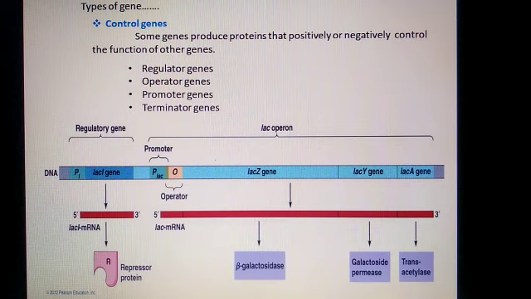They are actually the sequences of DNA where the other regulatory proteins can bind and facilitate the transcription of their downstream genes.